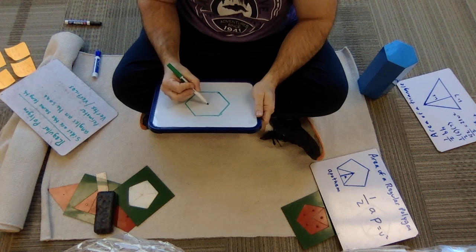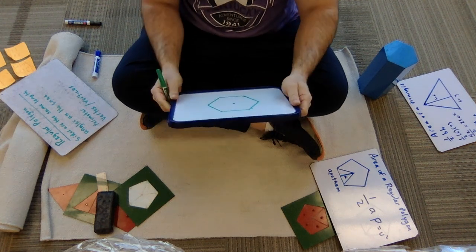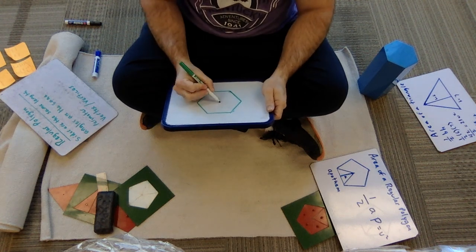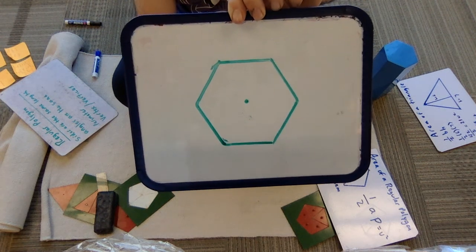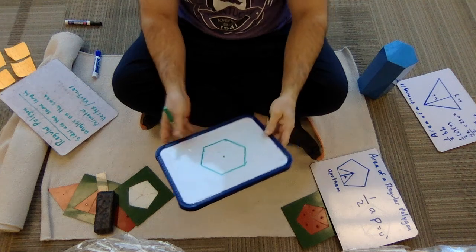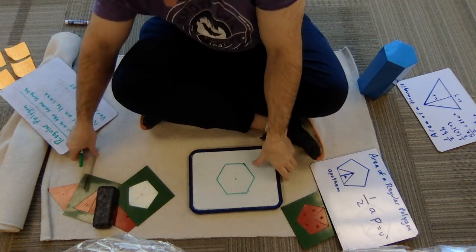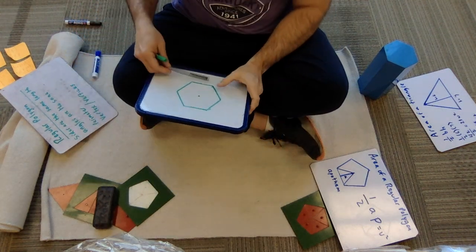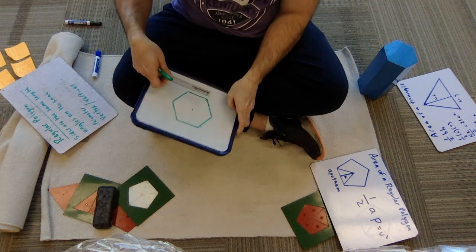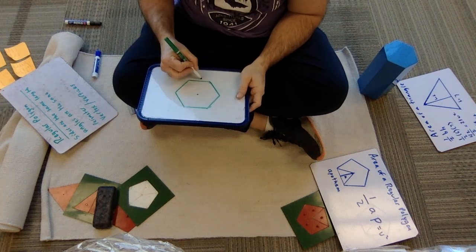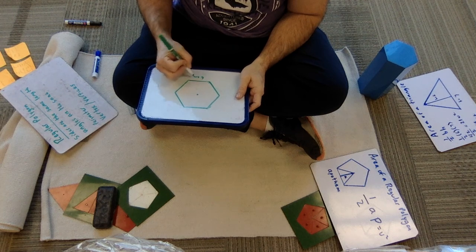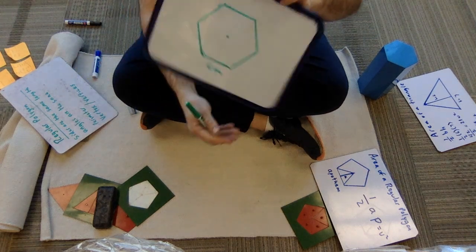Well, we've got to have a midpoint. And my midpoint, this could be bad, but I think that looks pretty good as a midpoint. And we have to know the length of the sides. So this is probably a bad idea, but I will end up adjusting. Looks like each side is going to be 6 centimeters.